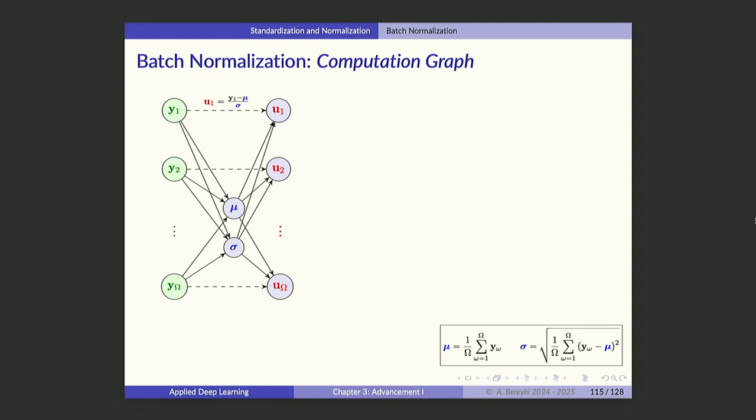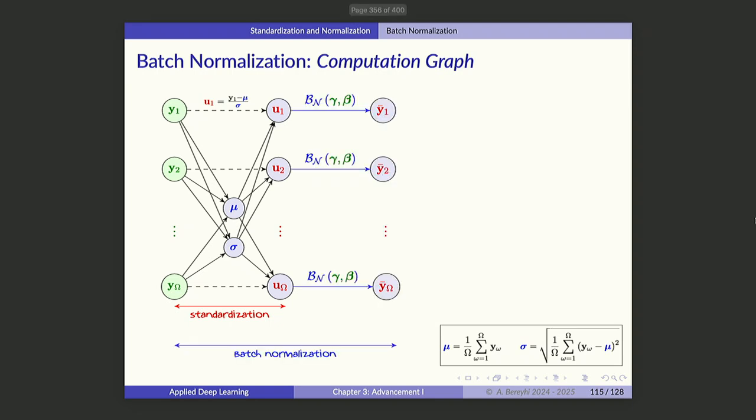So what is going to happen? You have these different Y's. For them, you do the normalization, or what we call a standardization at this point, because you basically make it zero mean unit variance, right? And once you have done this, the next thing is that you just add that batch normalization operation to it. So you do this scaling and shifting here, right?